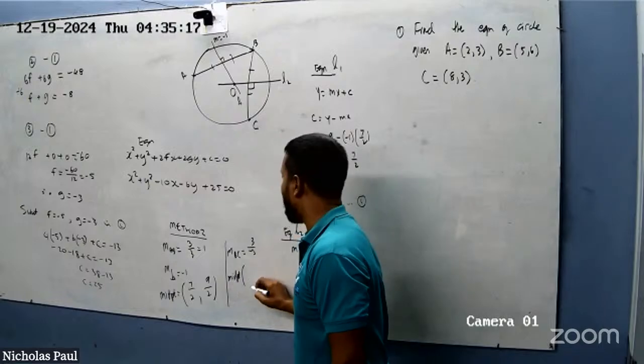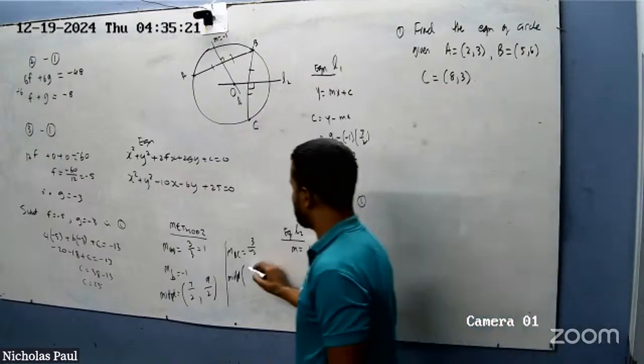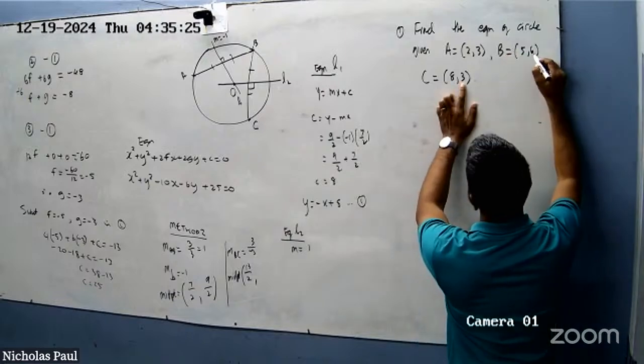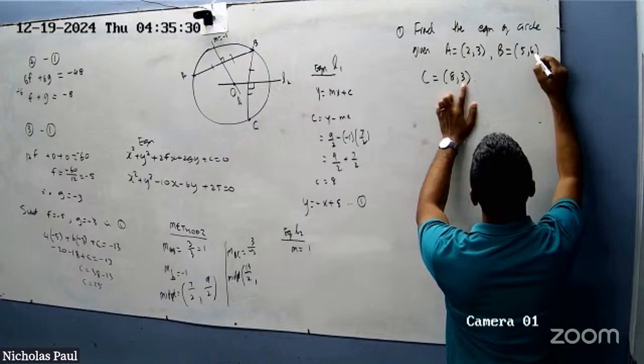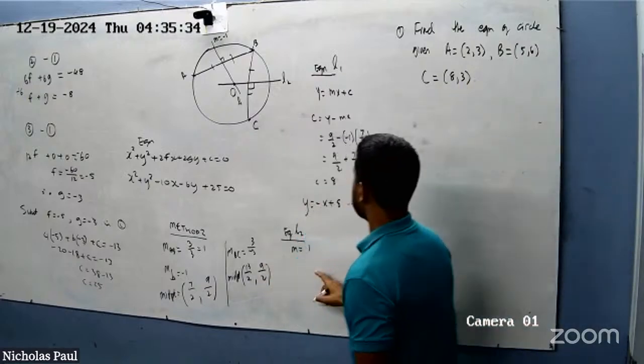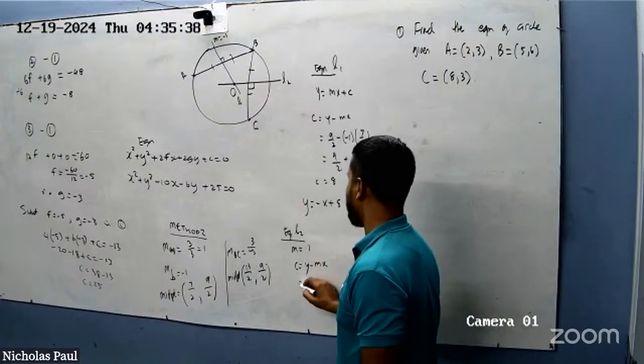So I got the gradient, and the midpoint now. The midpoint will be 5 plus 8 is 13 on 2, and 6 plus 3 is 9 on 2. So I know the gradient, and I'm going to try to find c. c is y minus mx.